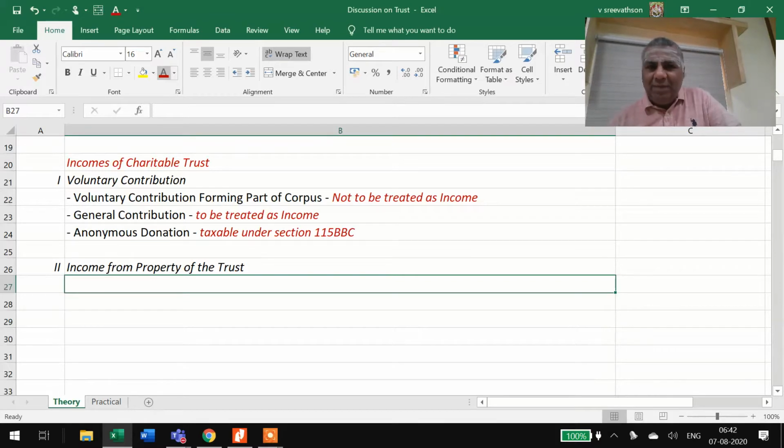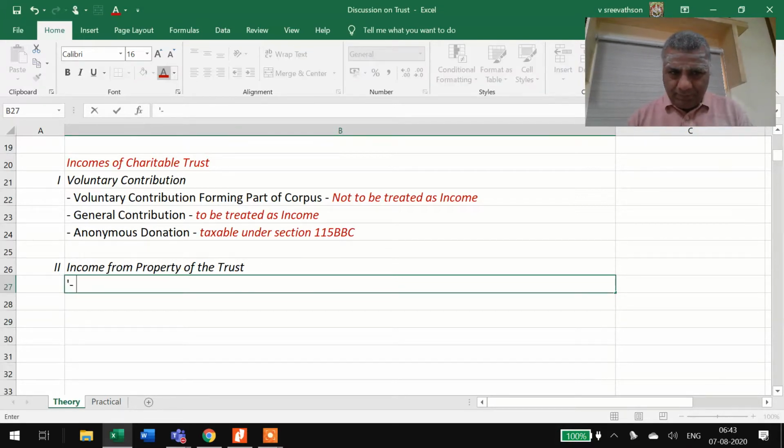Majority of the time, it will be fixed deposits. For the trust, the property is the fixed deposits and investments which they have made; from that they will get income. So income from property of the trust means returns from assets held by the trust.